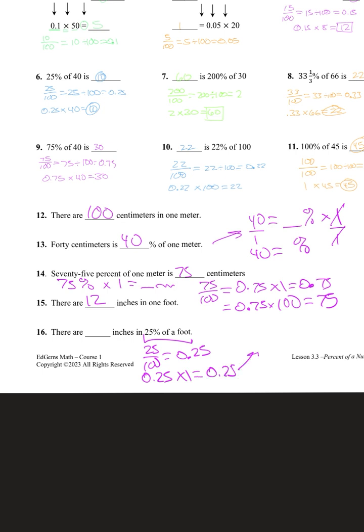Now to convert 0.25, we're going to multiply that by 12 because we're converting, right? There are 12 inches in a foot. So now we're going to go 0.25 times our conversion factor of 12, and that is equal to 3. So there are 3 inches in 25% of a foot.